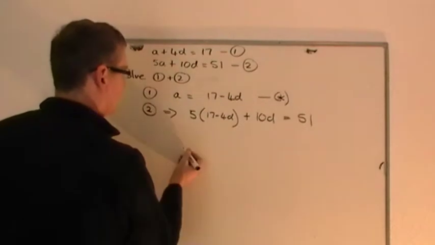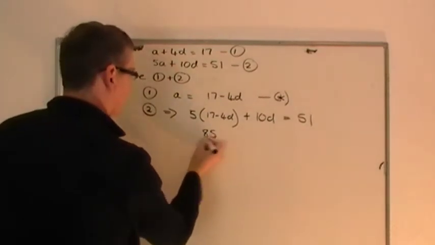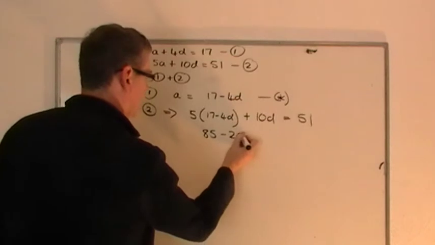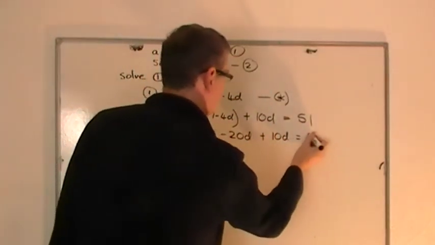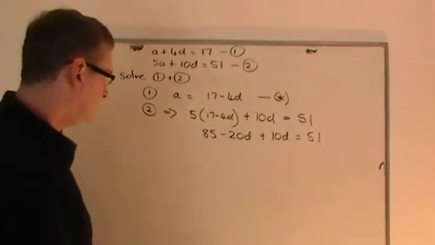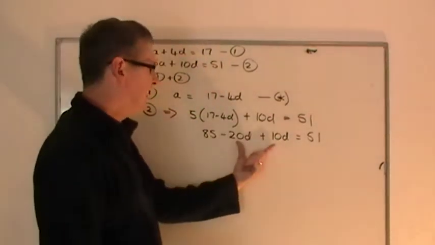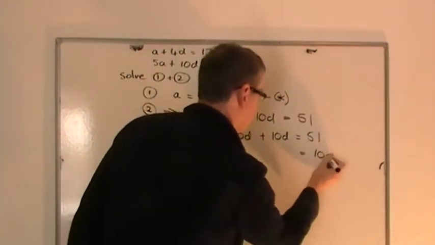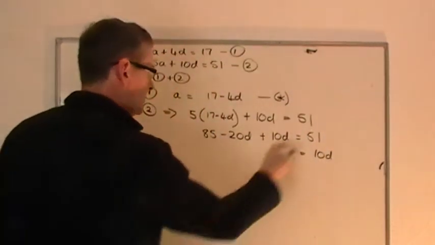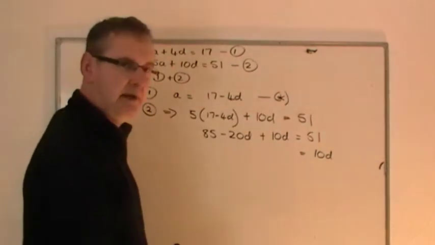So 5 17s, 85. 5 times minus 4d is minus 20d, plus 10d is equal to 51. Okay, combine the d's together, you get minus 10d. Take them to the right, you're going to get positive 10d on the right. Take the 51 to the left, you're going to get minus 51.